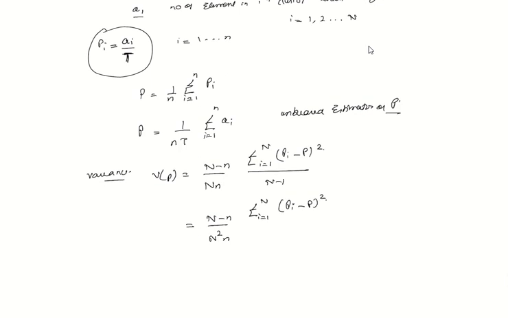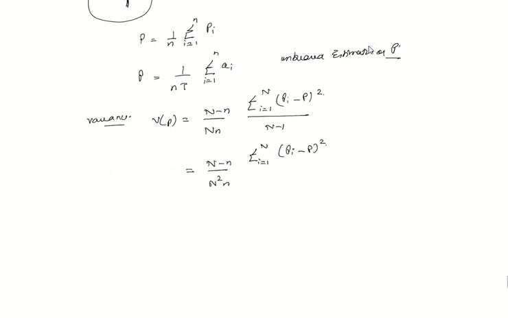Now again, if we had directly selected nT elements from a population of NT elements using SRSWOR, then the variance of p using SRS is going to be (NT minus nT) upon (NT minus 1) times PQ over nT, which is very much (N minus n) upon N times PQ over nT.